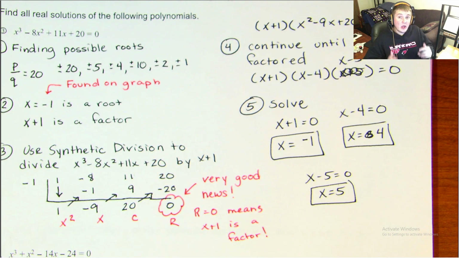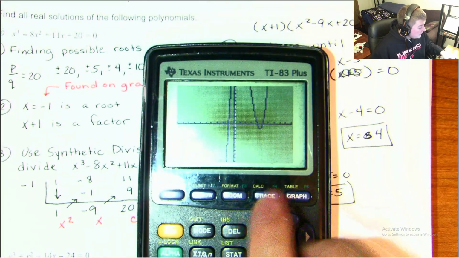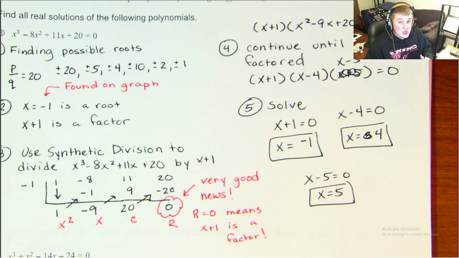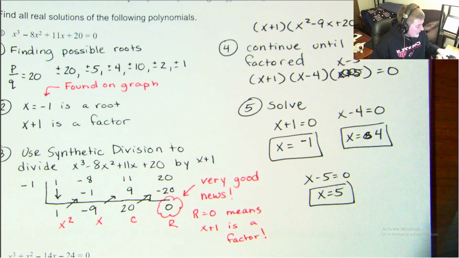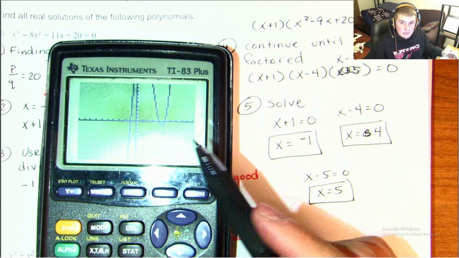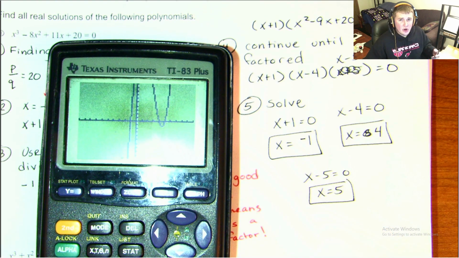What I'm going to tell you is I will not accept any work of you just looking at the graph and giving me those 3 factors. One, our learning target is to factor in order to solve. Furthermore, this method does not always work, because what if we have decimal answers? I'm not going to be able to tell if the graph crosses at 4.8, for example. So I need synthetic division to solve problems like that.